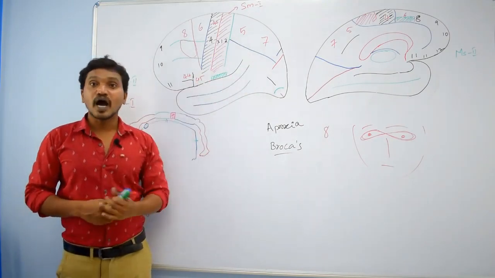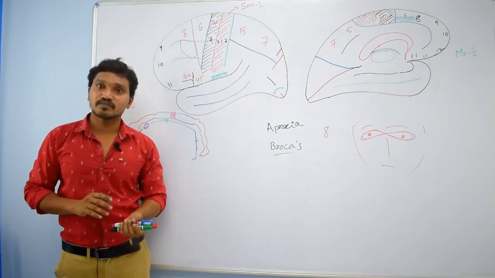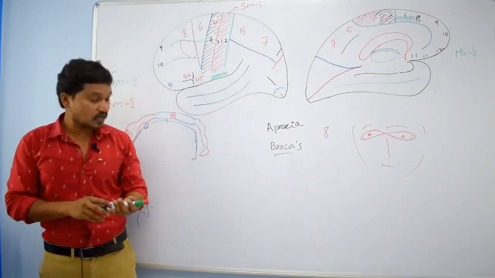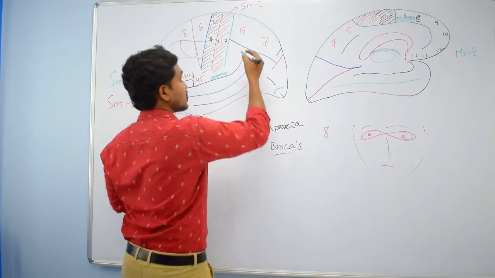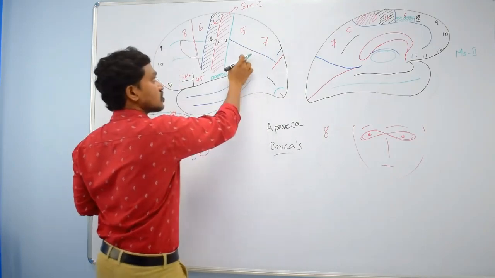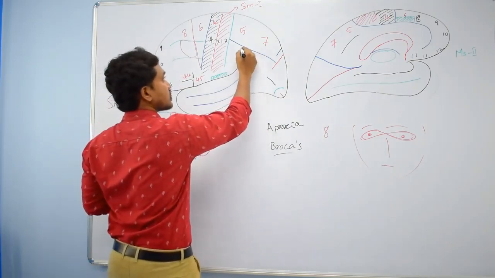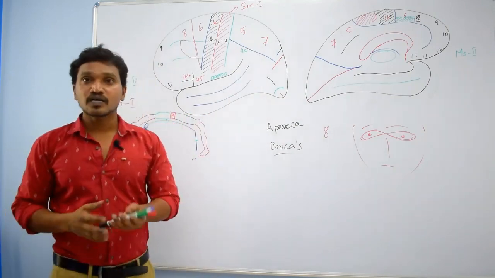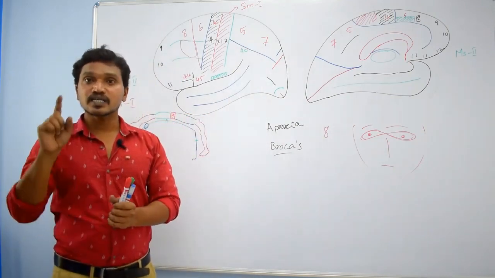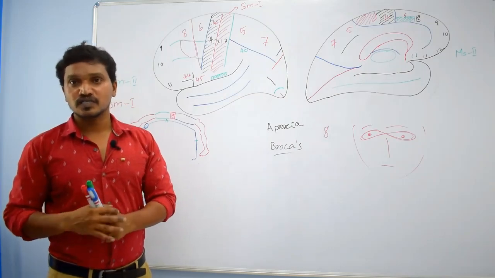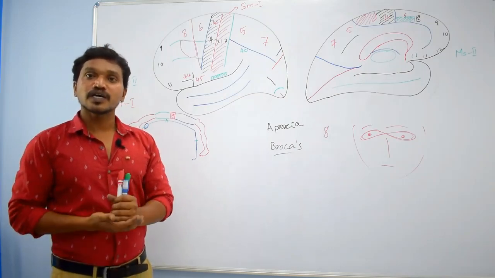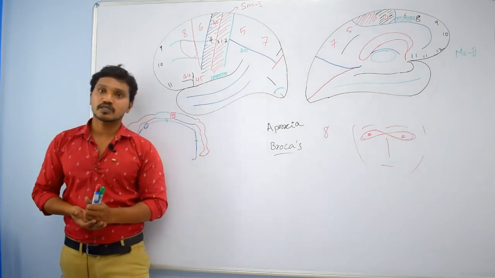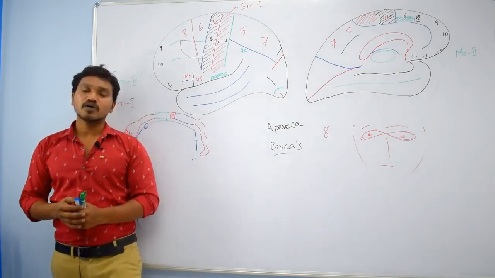There will be a higher association area which is present just above the supramarginal gyrus. It is area number 40. It is the higher sensory association area. Simply we can call it the area of stereognosis. What is stereognosis?